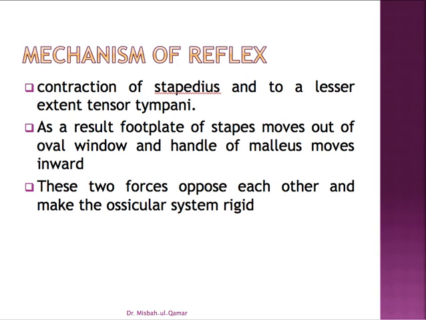So because of this rigidness, this reflex reduces the auricular conduction of low frequency sound, which is mainly below 1000 hertz. And when we say low frequency sound, it means the loud sounds. So whenever the ear is stimulated by loud sounds, this protective reflex comes into action and hinders the transfer of that much energy, just to protect the inner ear from the loud sounds or the low frequency sounds.